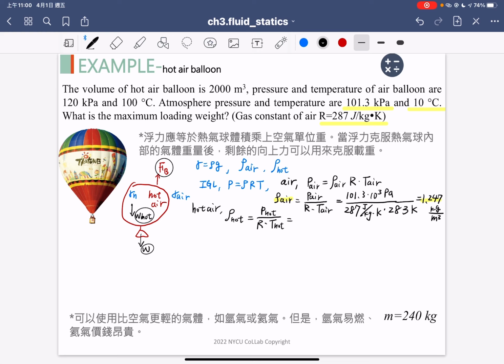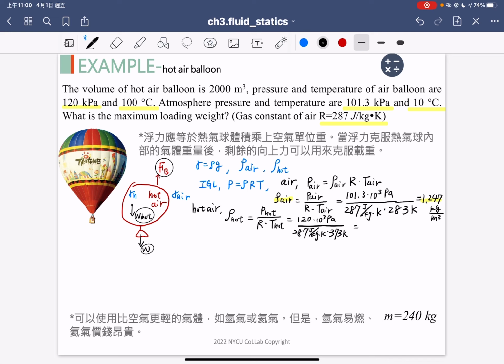The pressure here is 120 kilopascal, divided by the gas constant again, 287 Joule per kilogram Kelvin. But right now the temperature for the hot air is quite larger. It's 100 degrees, so here it is 373 Kelvin.